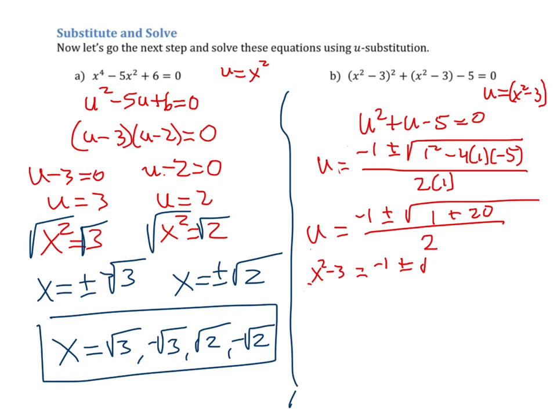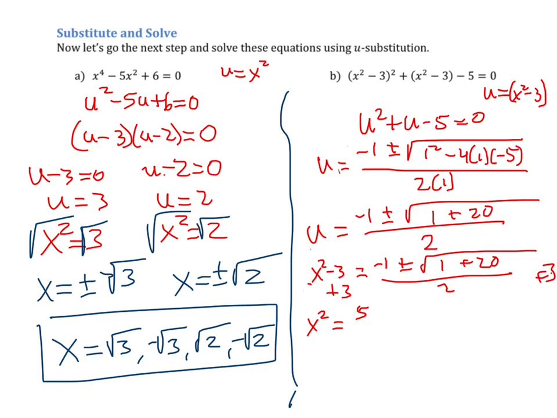I'm going to leave it as plus or minus for the moment, for the sake of room. I'm running out of room here. Now we're going to add 3 to both sides. We have to think of that as 6 halves, because we've got a denominator of halves. So we're going to have x squared equals, adding 6 halves to both sides, 5 halves.